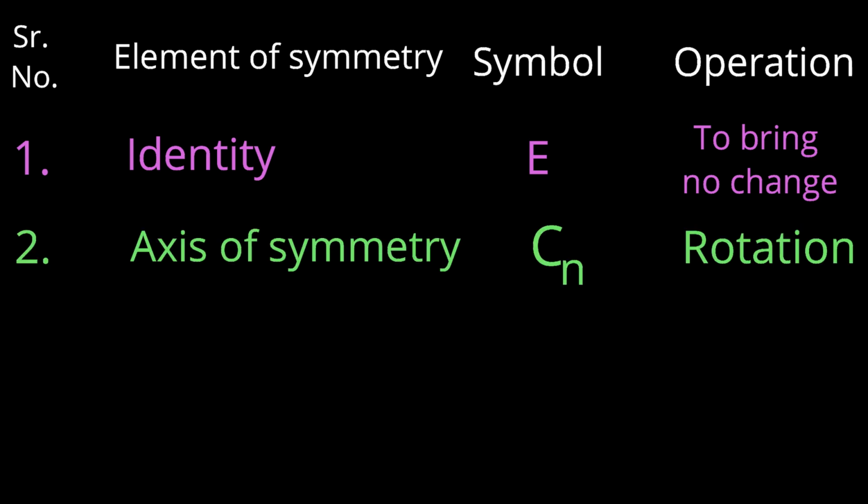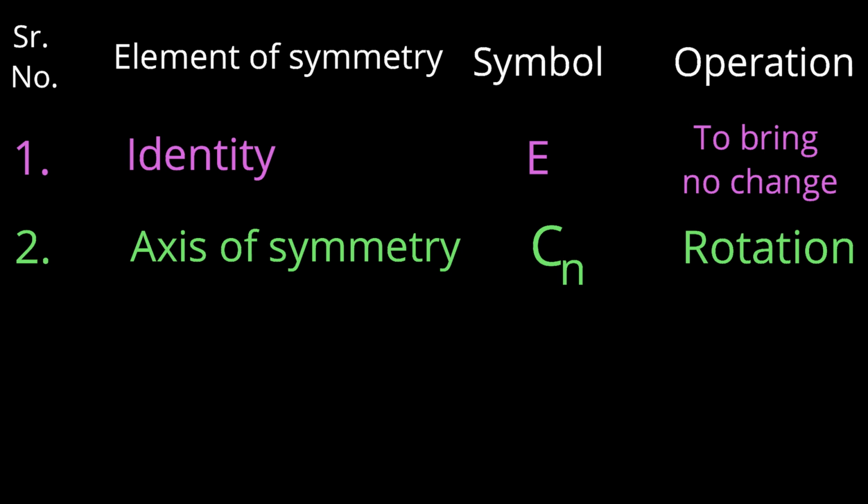The second element of symmetry is the axis of symmetry. It is represented as Cn, where n is the order of the axis, and it is a collection of points in a line. So one line can represent an axis of symmetry.